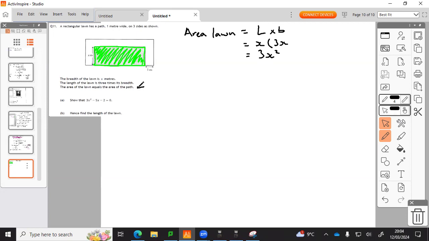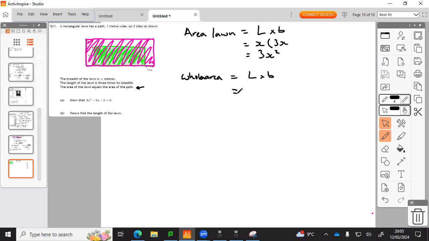Then it gives you the fact that the area of the lawn equals the area of the path. So let's try and work out the area of the path. Well, first, we've got enough information to establish the area of this whole area, including the lawn. Again equal to length times breadth.